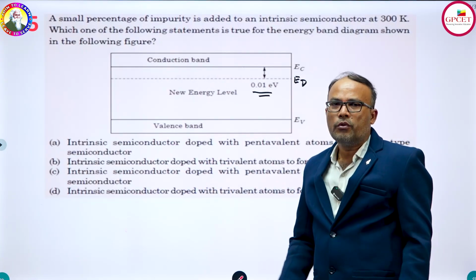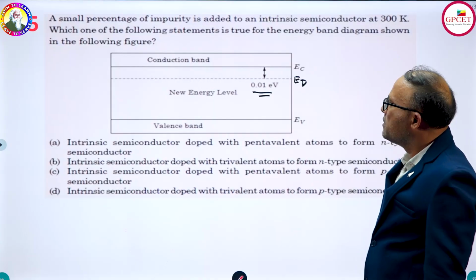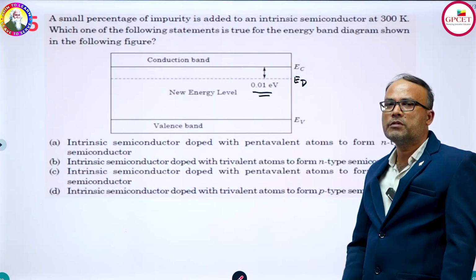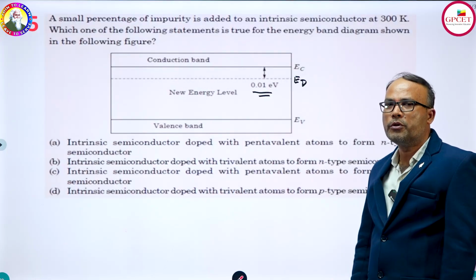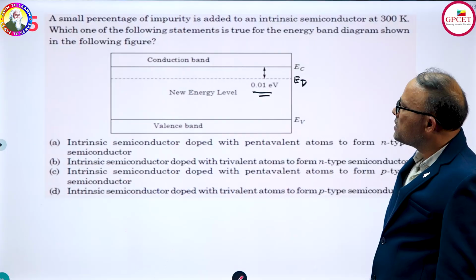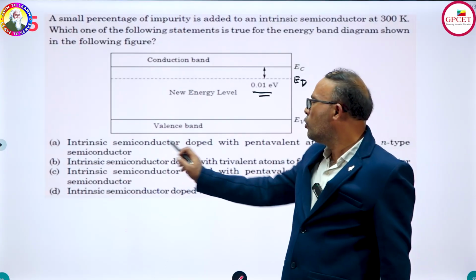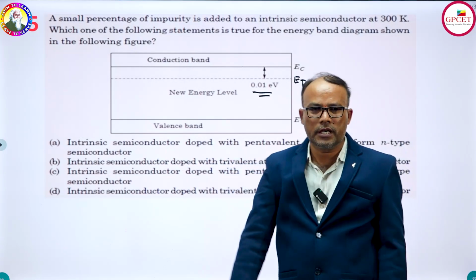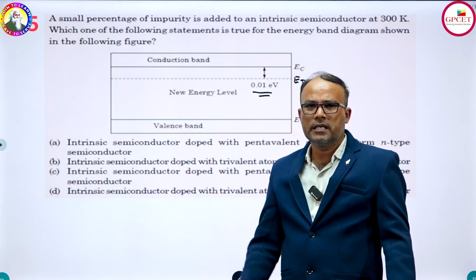So what type of impurities have been added here? Definitely it is an n-type semiconductor, which means pentavalent impurities are added here, right? So see the option: intrinsic semiconductor doped with pentavalent atoms to form n-type semiconductor. That is the correct option.